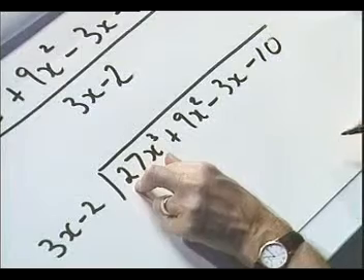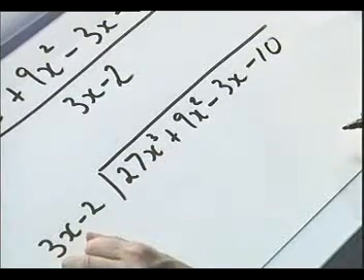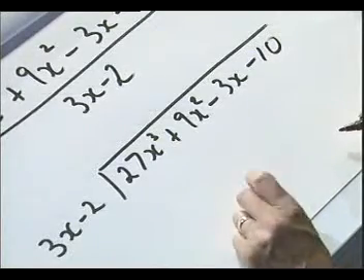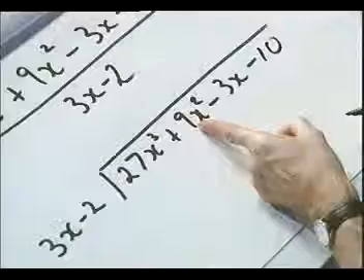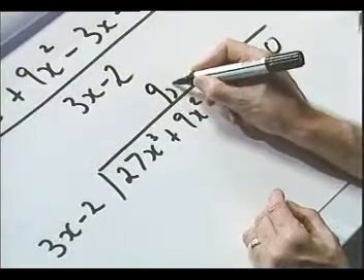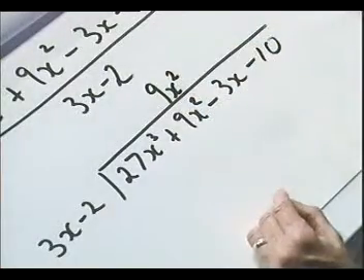The answer must be 9x squared, because 9x squared times 3x gives us 27x cubed. And we need to record that, but we need to record it in the right place. And because these are the x squareds, we record that above the x squareds.